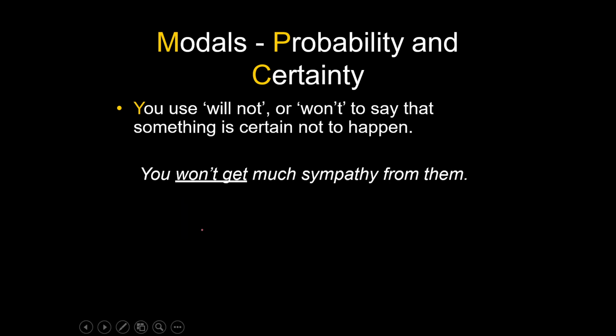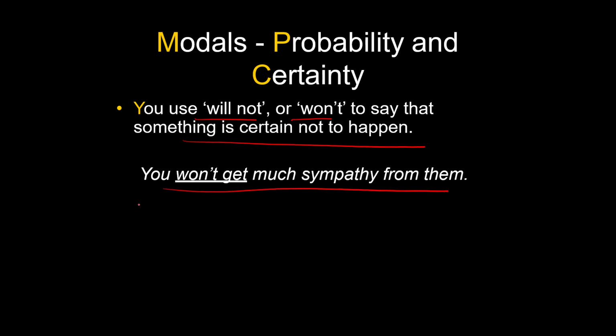Similarly, we use will not or won't, the negative form of will, to say that something is certain not to happen. "You won't get much sympathy from them."